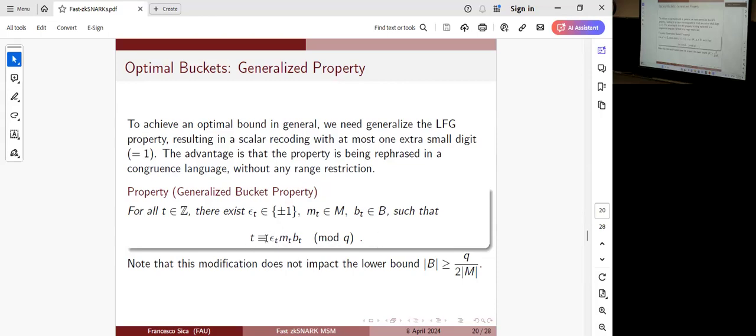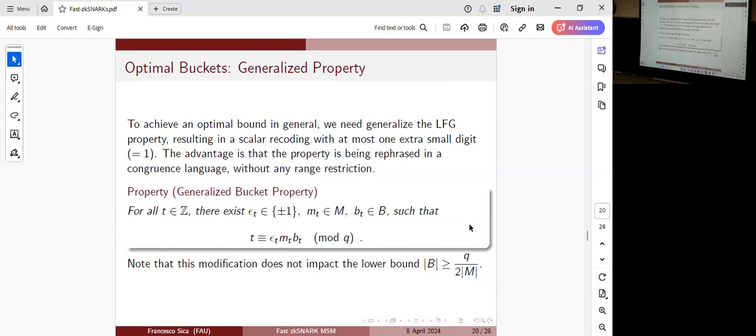So T congruent to epsilon MB, where epsilon is plus or minus 1, and this multiplier and the bucket element modulo Q. So in this case, we forget about the size here. We lose control on the size of this element. Again, this modification also implies that the bucket size, by the same cardinality argument, must be at least this.